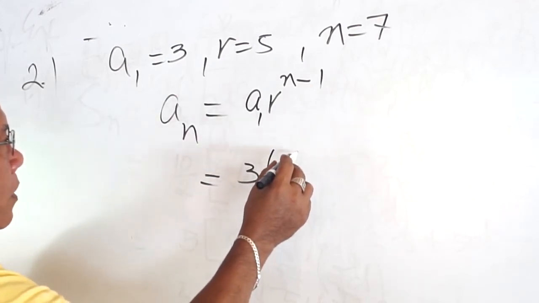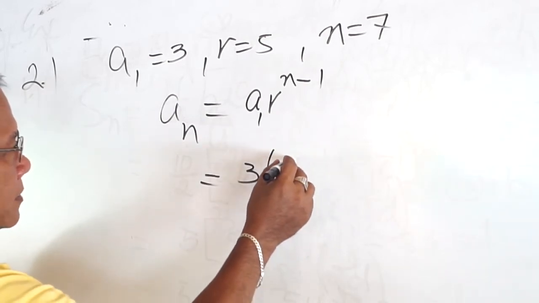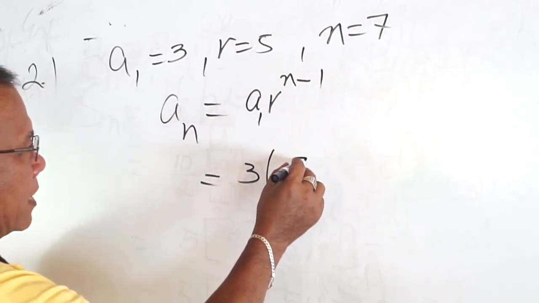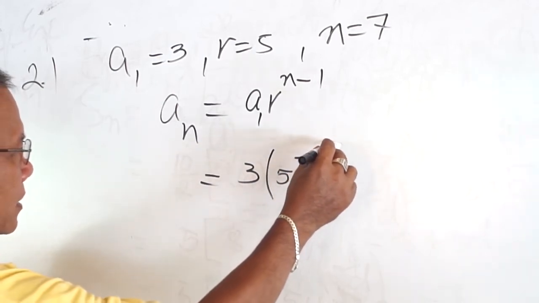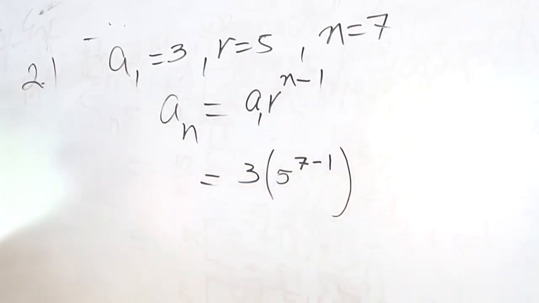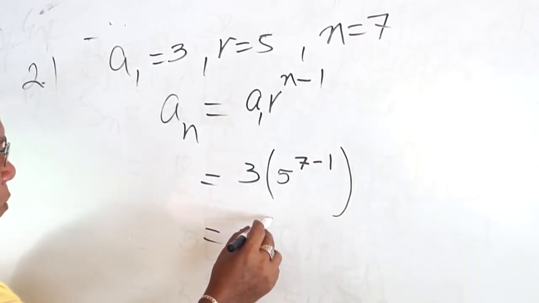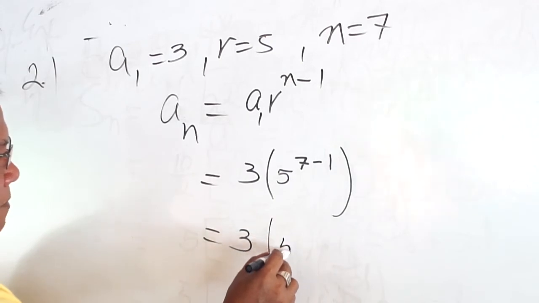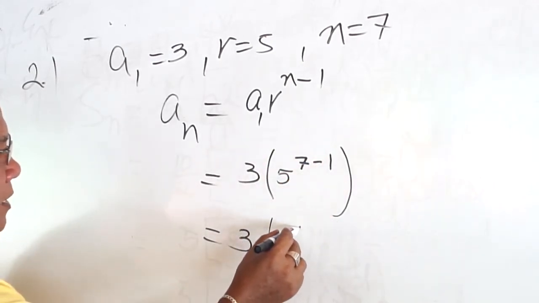Then raise the power of n. n is equal to 7. So 5 raised to the power of 7 minus 1. Then close parenthesis. Okay, so we have 3 open parenthesis. So 5, 7 minus 1, we have 6.